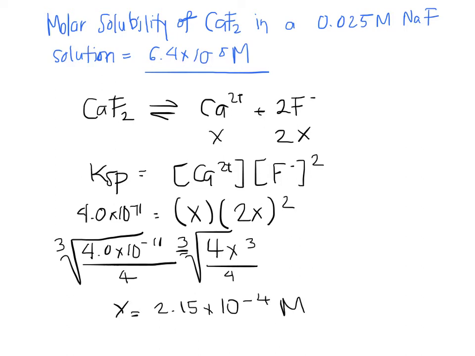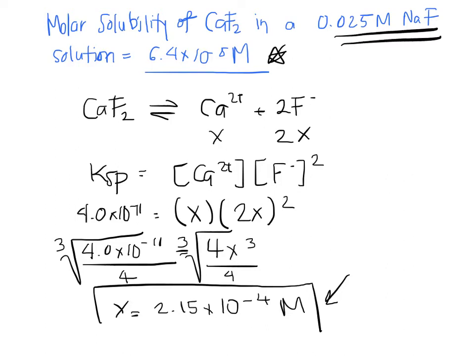So if you compare the two, you can see that this value here is larger than this value here. So what's happening is this shows us that there are fewer ions in solution when we have a common ion.